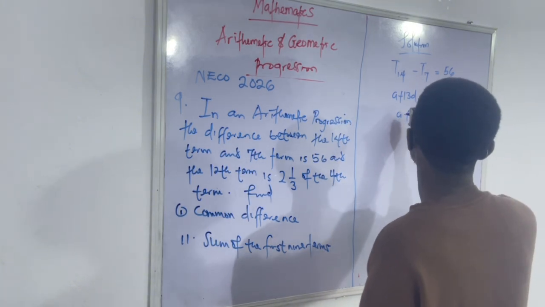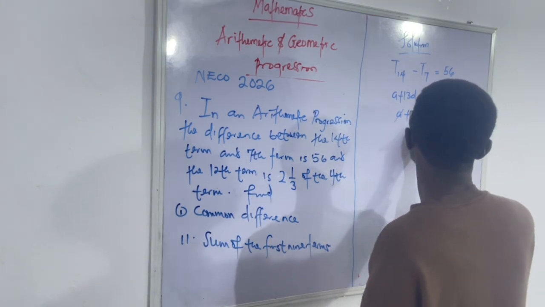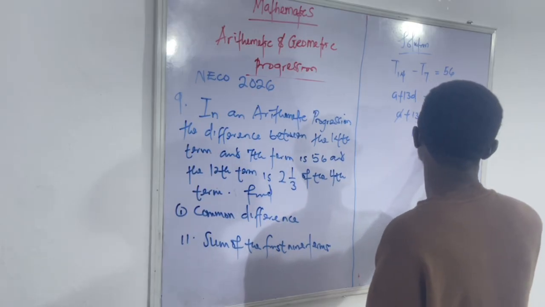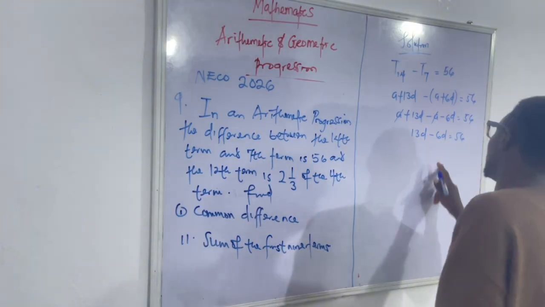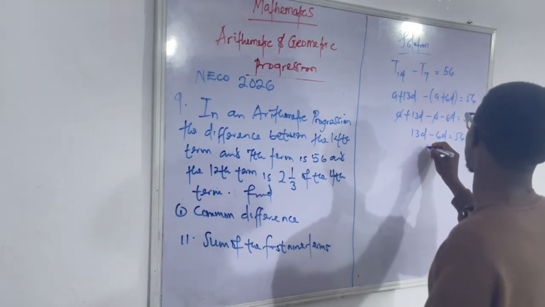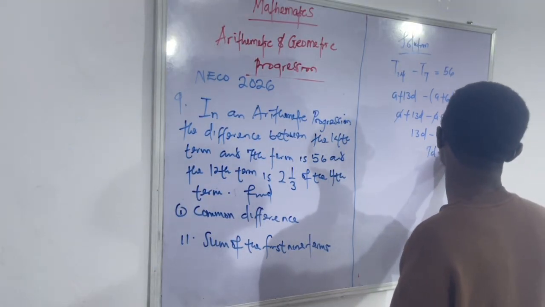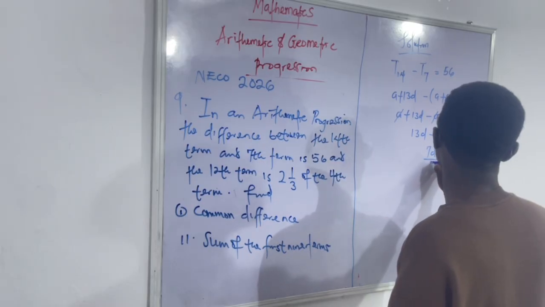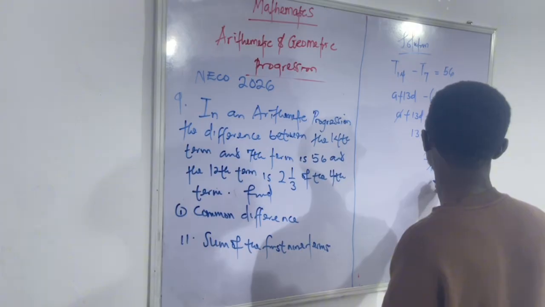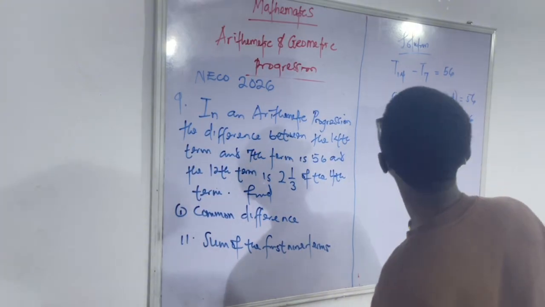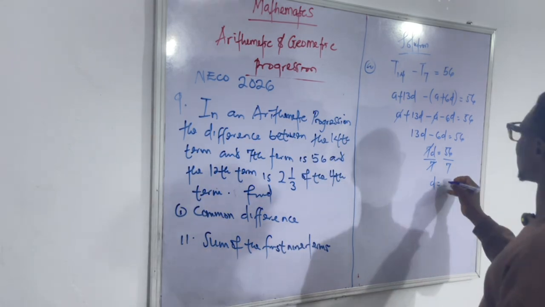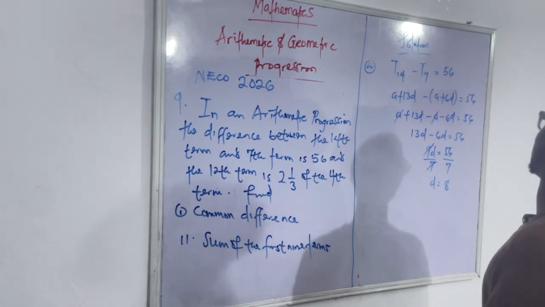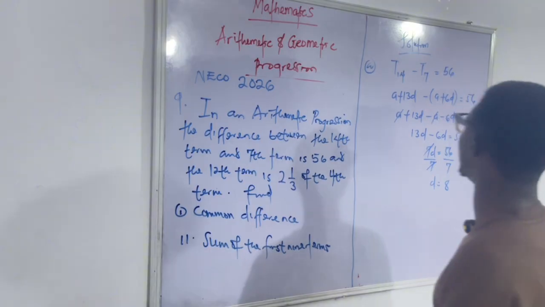So then A cancels A. So 13D minus 6D equals what? 56. 13 minus 6, that is 7. 7D equals what? So we can divide both sides by 7. So our common difference is what? Our common difference is 8, because 8 times 7 is what?